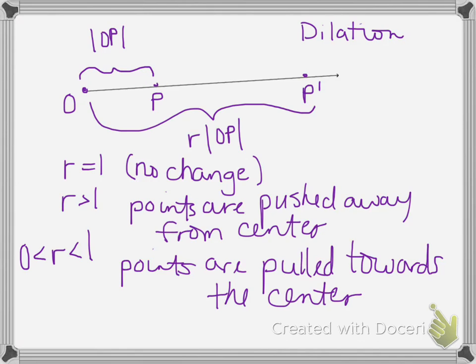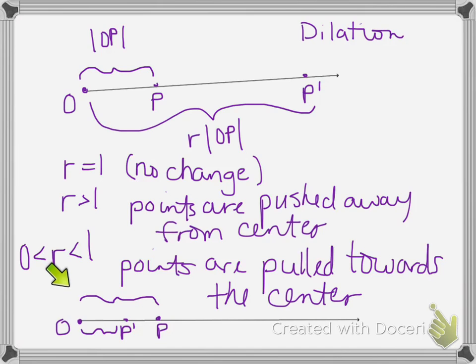Okay, so let's look at a picture of that, and then I want to show it to you on GeoGebra. You can do these dilations on GeoGebra, and that's pretty cool. So let's first look at what that picture would look like if R is less than 1. I had a little bit of room here to put that, and you'll see it in your lesson. Here was my original point. There's my original distance, OP.